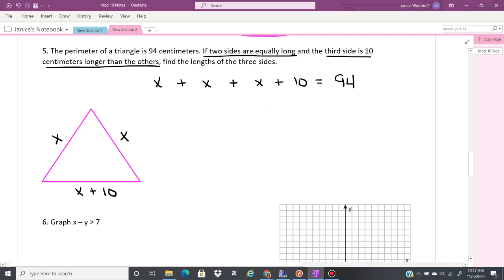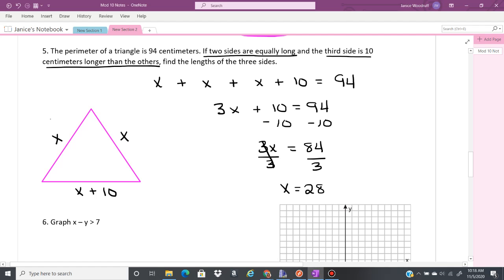So x plus x plus x is 3x plus 10 equals 94. And there I would subtract a 10 from both sides, get 3x equals 84, divide by 3, and 84 divided by 3 will give us 28.